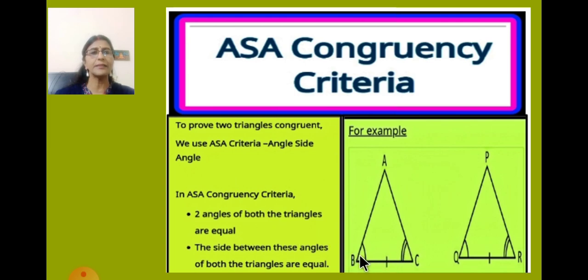You can see here angle B is equal to angle Q. Similarly, angle C is equal to angle R. And the side between these angles, so in between these 2 angles, this is the side. The side between these angles of both the triangles are equal. That means this side is equal to this side. So these 2 triangles are congruent by ASA congruence rule.